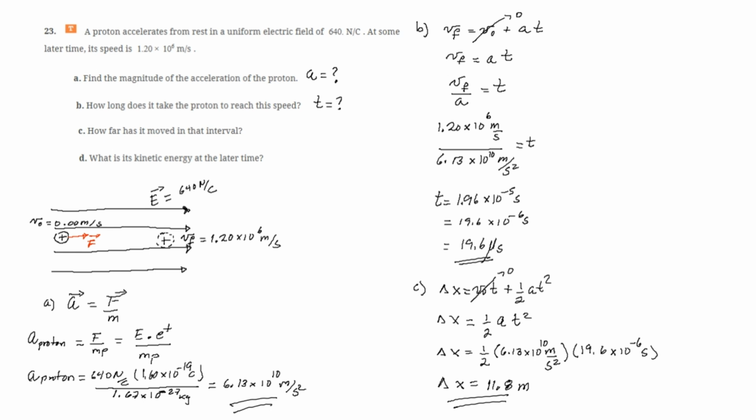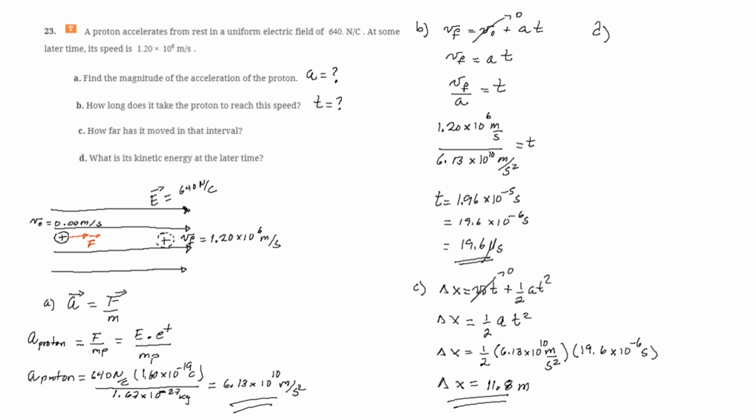So how far does it go? 11.8 meters. The last thing they ask is: what is the kinetic energy at the later time? What is the kinetic energy at this point?